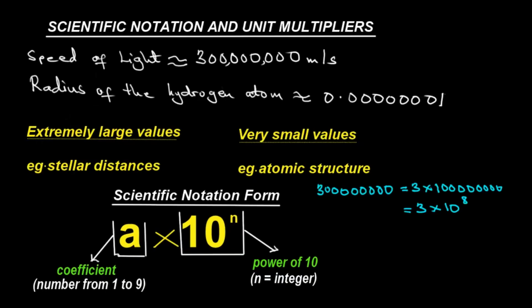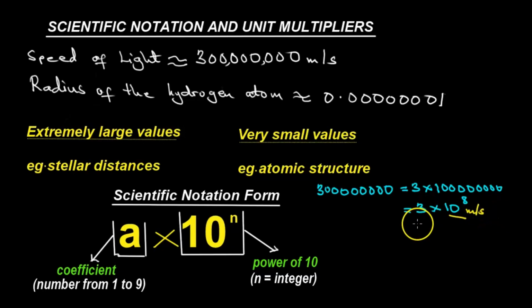We said that the speed of light is 300 million meters per second, which can be written as 3 times 10 exponent 8. Now you have already converted your 300 million into scientific notation. Anytime you are quoting the speed of light, we hardly see 300 million meters per second, but 3 times 10 exponent 8 meters per second.